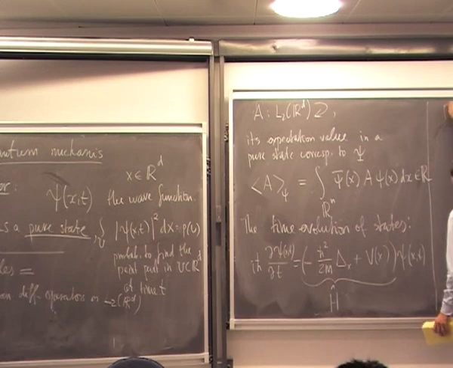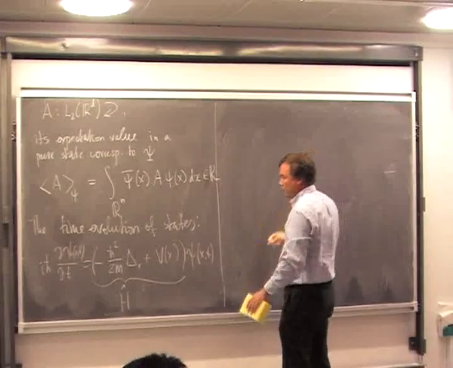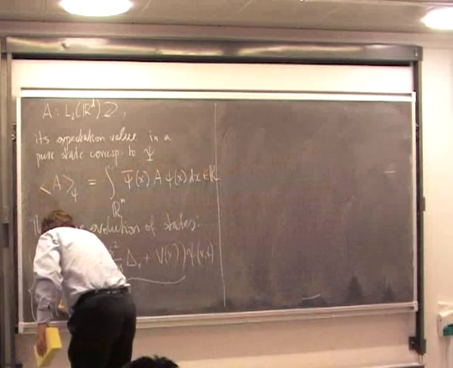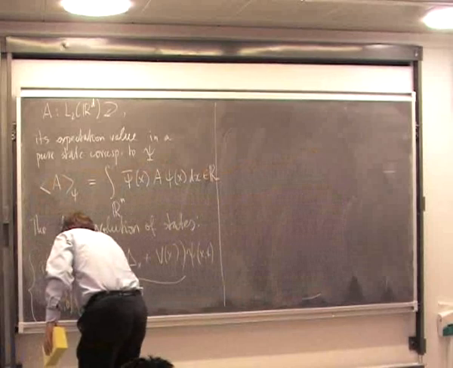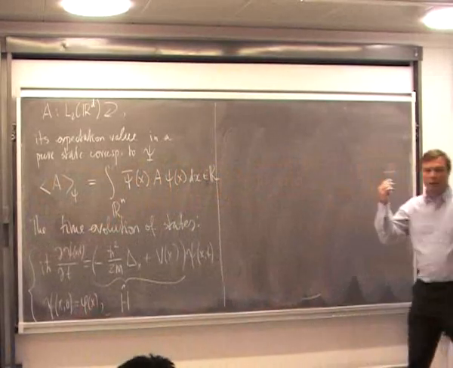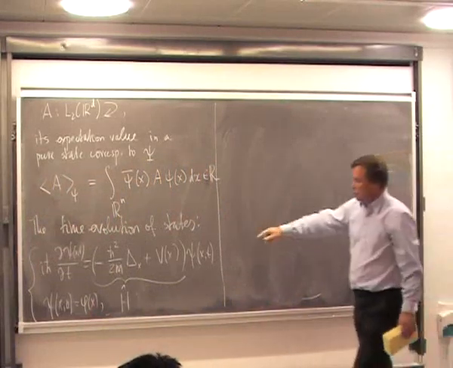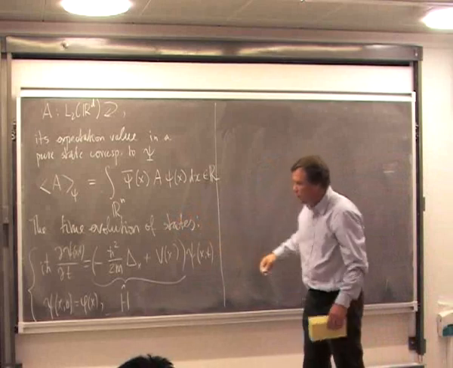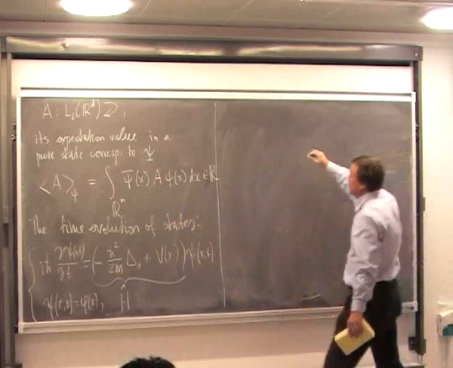So formally, usually this is the equation, and then normally you set some initial condition, the wave function at time 0, and the solution to this differential equation is the evolution of the wave function.